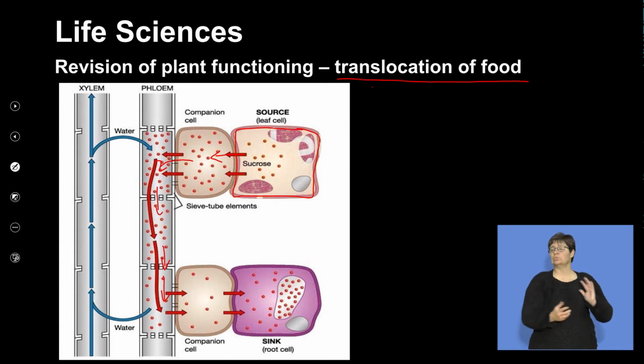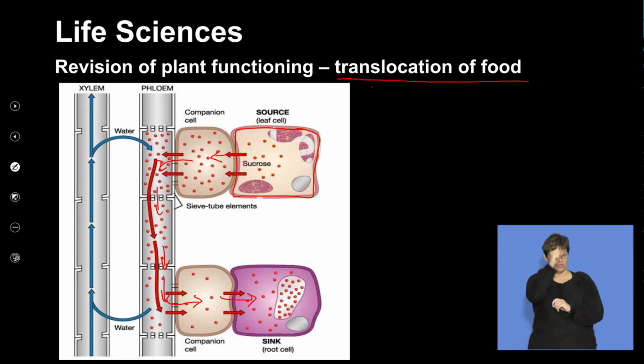When it gets to the root, the sugar or sucrose goes out through the companion cell and into the root cells. And the root cells either use it up for energy or they store it for springtime, and that food would then be used for growth to start in spring.